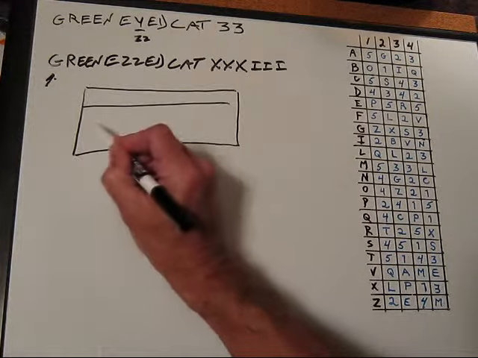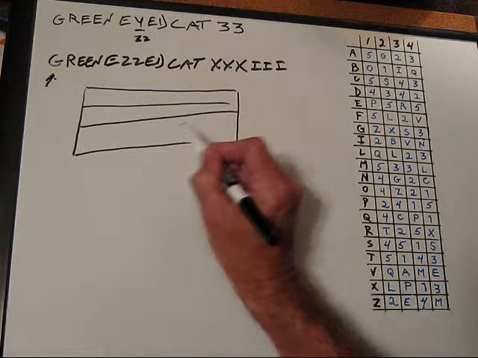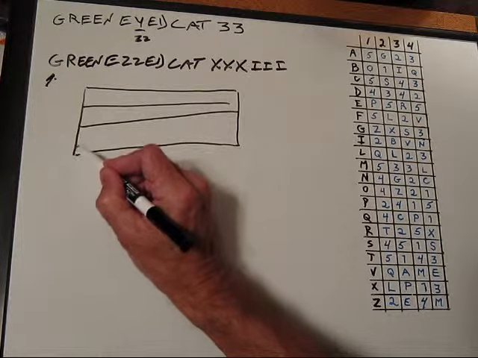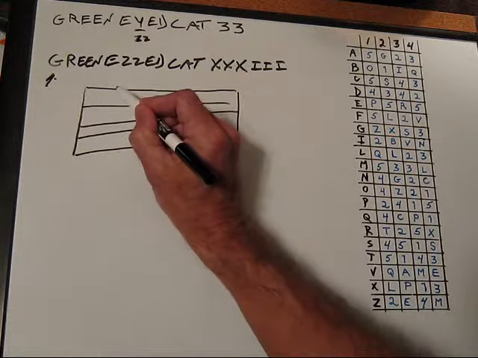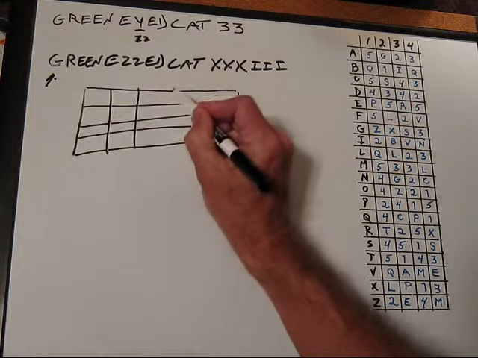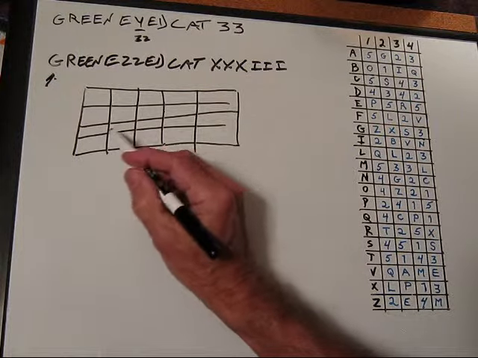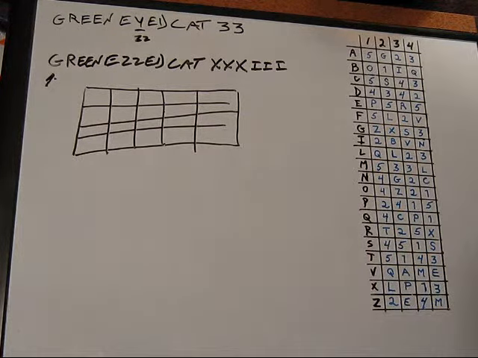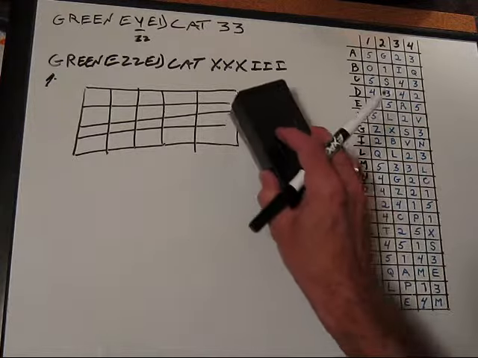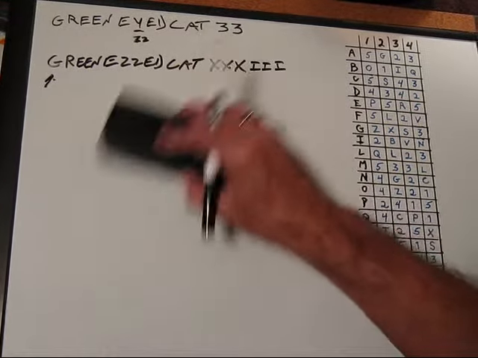So let's see here. Well, that's kind of a messy grid. Let me try that again.